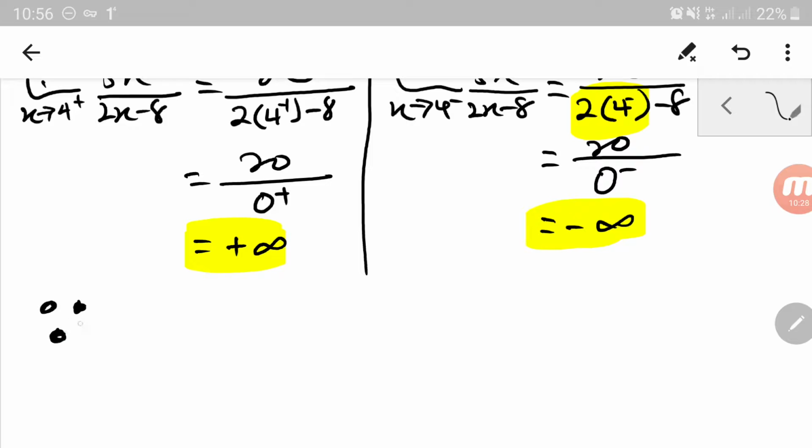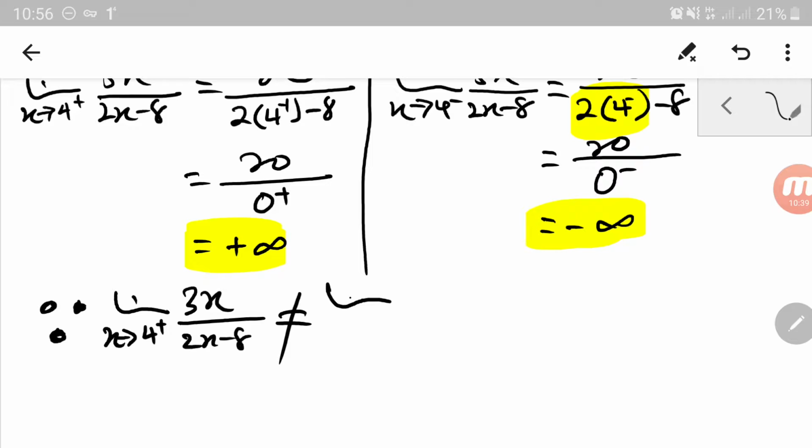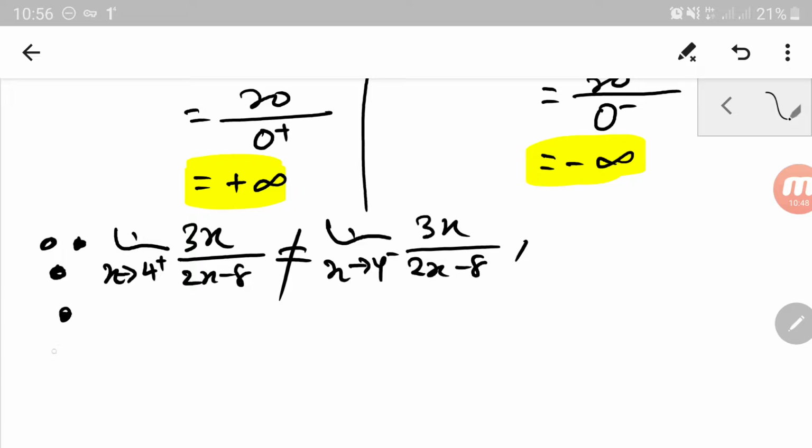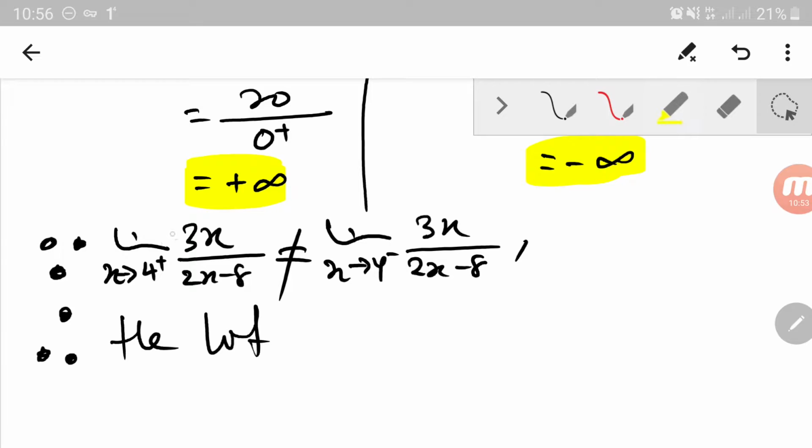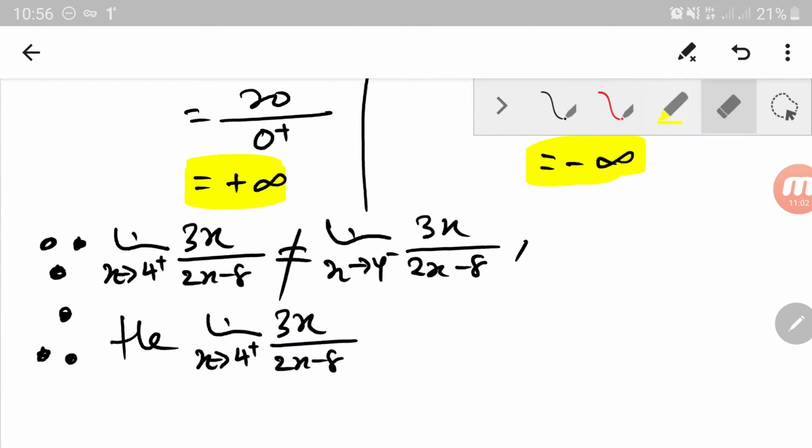So since the limit as x approaches 4 from the right of 5x over 2x minus 8 is not equal to the limit as x approaches 4 from the left of 5x over 2x minus 8, therefore, let me copy paste this whole thing, and erase the plus 4 over, like that.